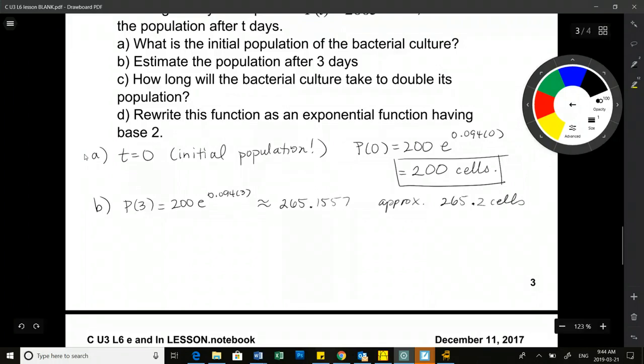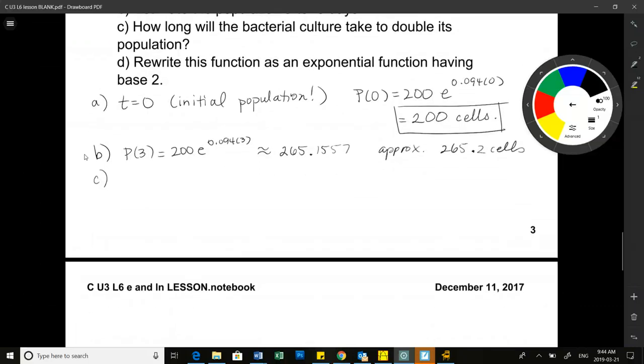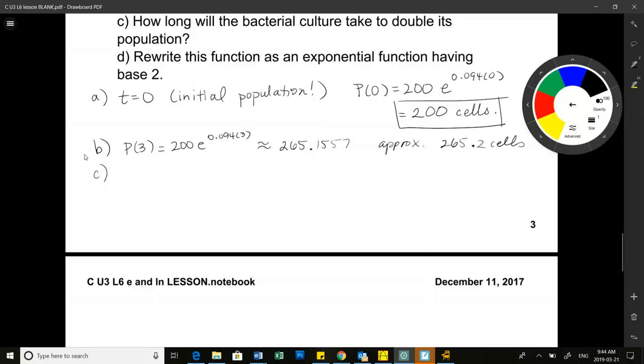How long will the bacteria culture take to double its population? This is more of a solving-involving-logarithms type thing, because we'll have to solve for the time, which is in the exponent here. My initial population is 200.